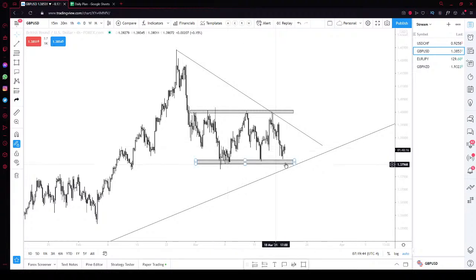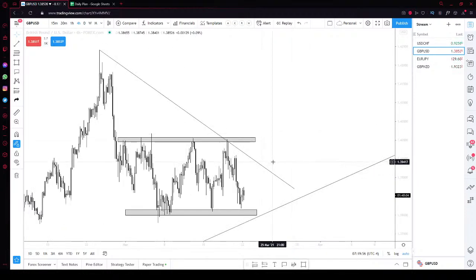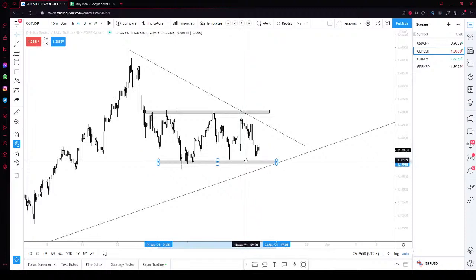I'll enter at the bottom of one of these levels instead of waiting for a breakout and the extra confirmation, because generally after the breakout comes, it's kind of too late to enter into the move, in my opinion. I'd rather get in early.